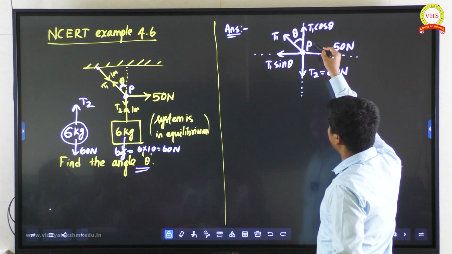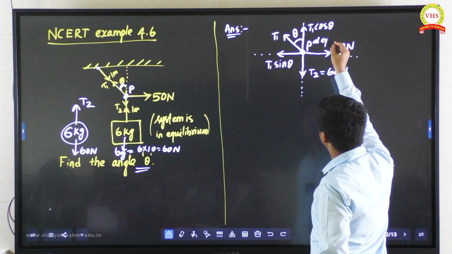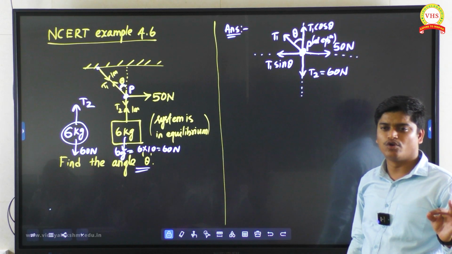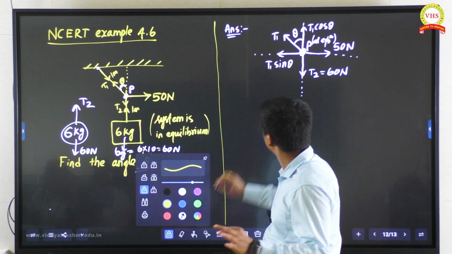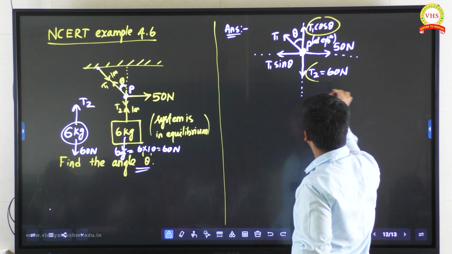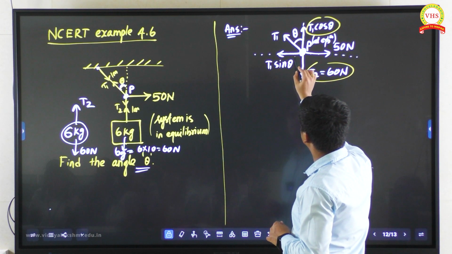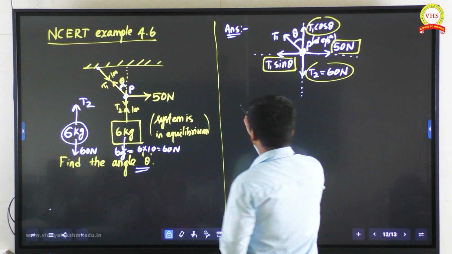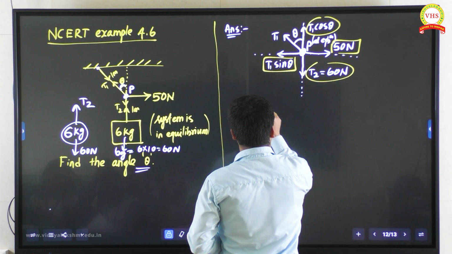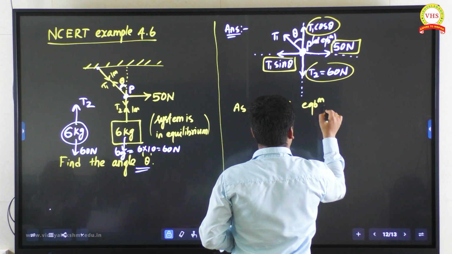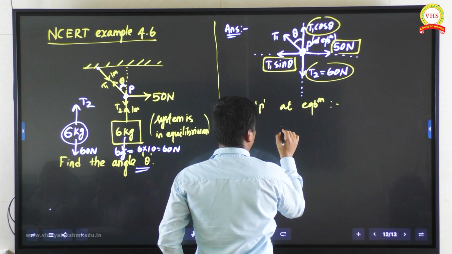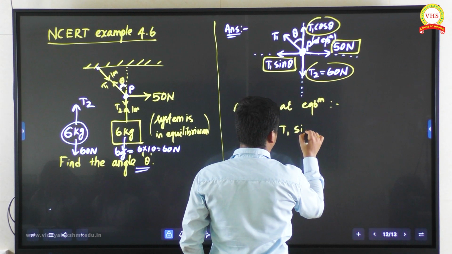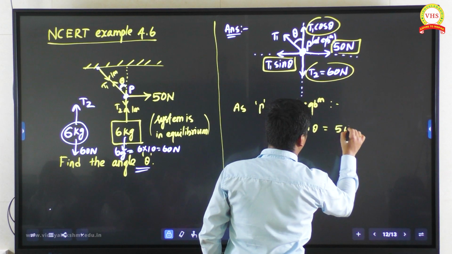Now see, this P is at equilibrium. If a point is in equilibrium, already you know that your upward force should be equal to downward force, and left side force should be equal to right side force. Yes or no? So as P is at equilibrium, for the horizontal forces, T1 sin theta, the left side force, is equal to 50.